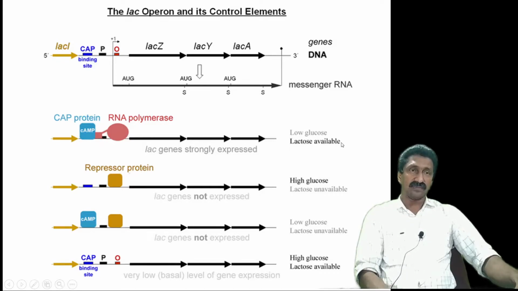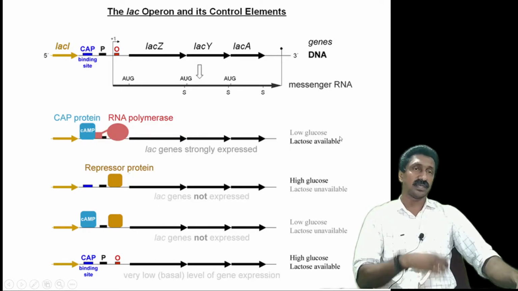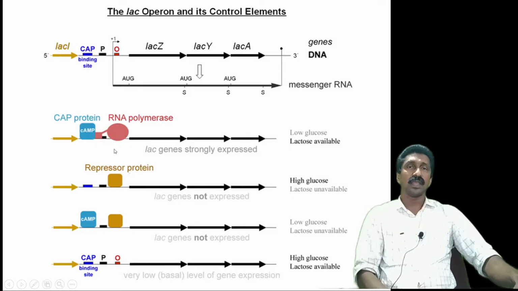Since there is lactose available, it relieves the repression, and the repressor molecule will not be there in the presence of the lactose isomer, allolactose. So this activated, cyclic AMP-bound RNA polymerase can move forward, and the lac genes are strongly expressed.